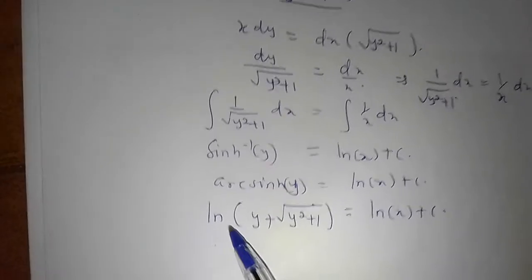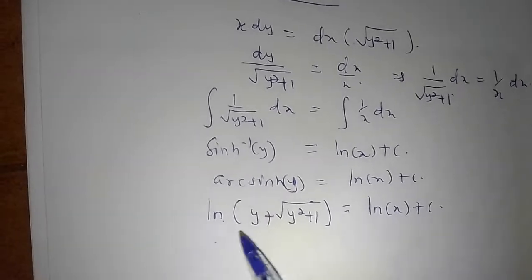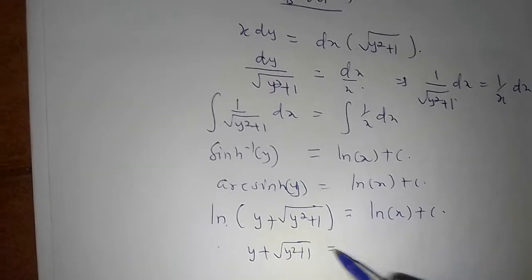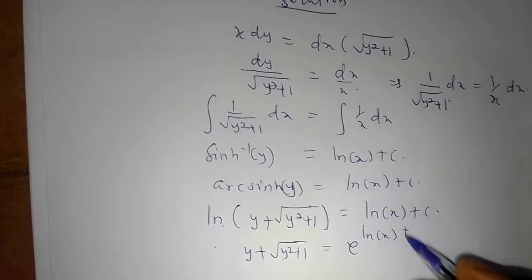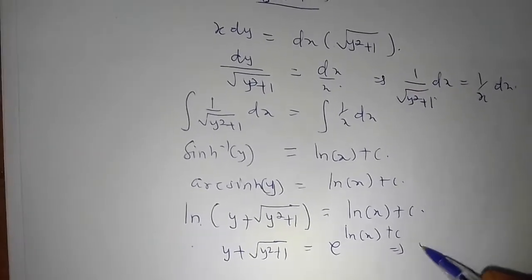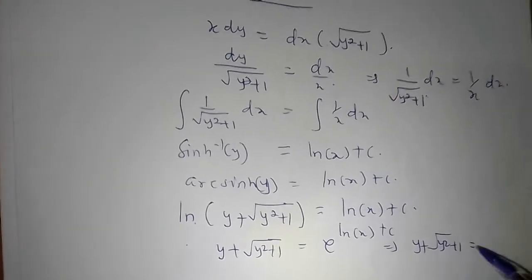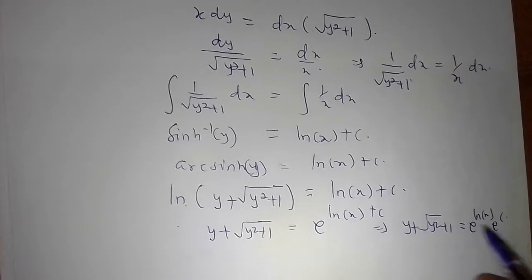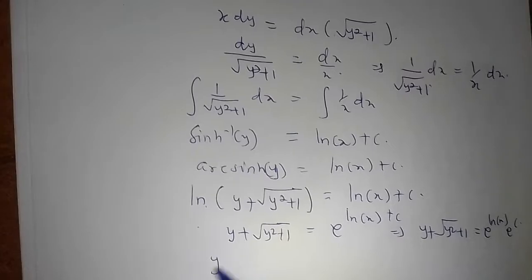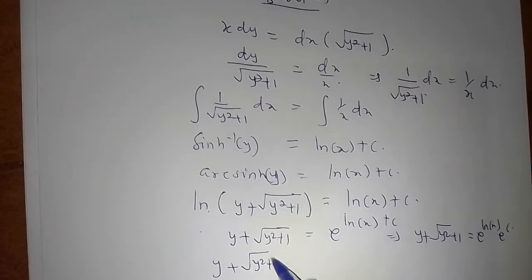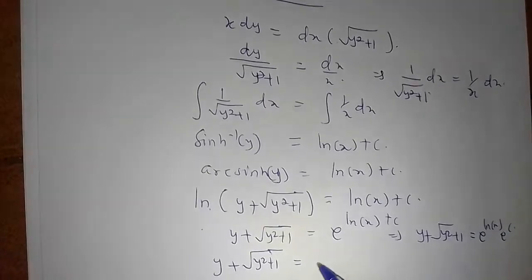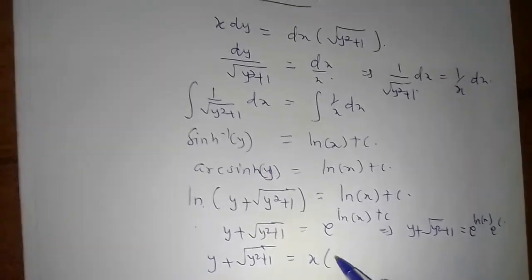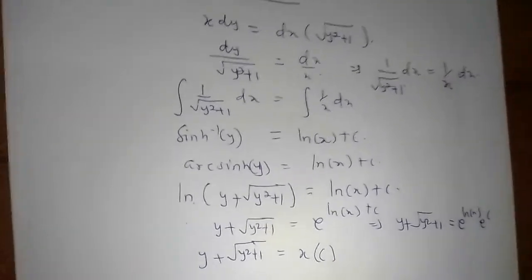To make y the subject, this is log to the base e, so e to the power this will give me this. So I'm going to have y plus the square root of y squared plus 1 to be equal to e to the power ln of x plus c, and this should give me y plus square root of y squared plus 1 to be equal to e to the power ln of x multiplied by e to the power c, and e to the power c is the same as c, so I'm going to have y plus the square root of y squared plus 1 to be equal to, if I have e to the power ln x, the same as x, e to the power ln function becomes the number, so x multiplied by c, e to the power c will become c because it will be a constant at last.